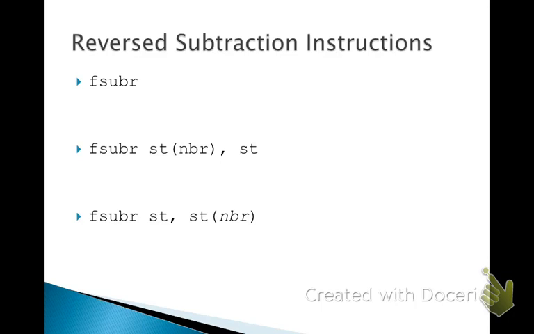So if I need to reverse the order of the operands, instead of doing, for example, in F sub, where we calculated stack top minus stack top 1, popped them both, and calculated the difference, in this case we're going to pop stack top and stack top 1.